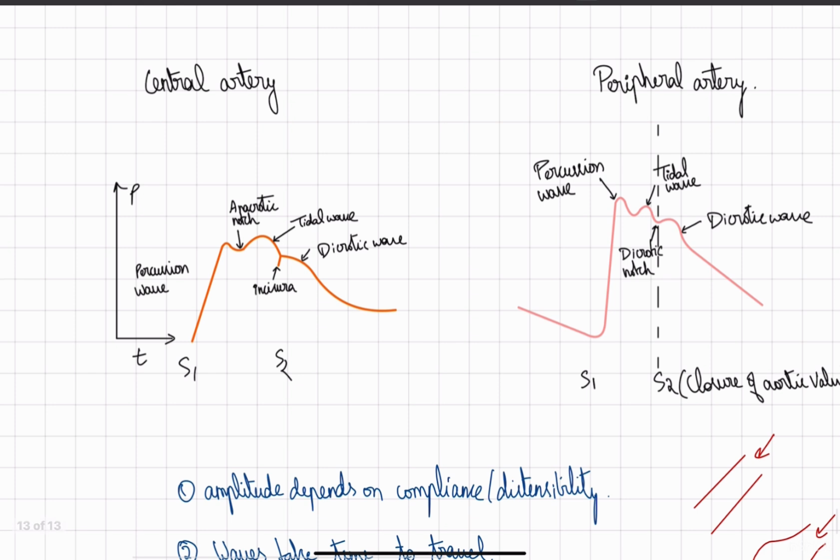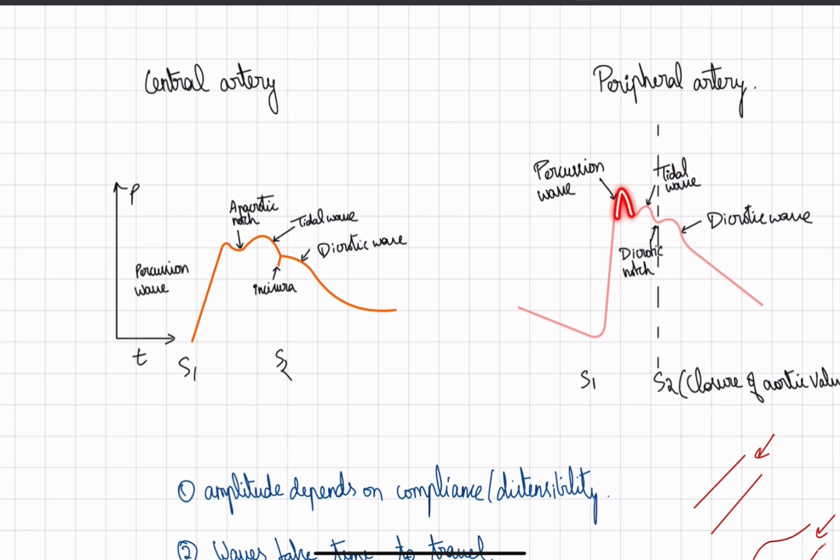All right. Okay. Now, the percussion wave is due to LV ejection, right? Now S1 has started, or LV ejection has started. S1 is different, LV ejection is different. Let's stick to LV ejection. LV ejection has started. The percussion wave is rising. Alright. Now in a normal peripheral artery, what comes next?